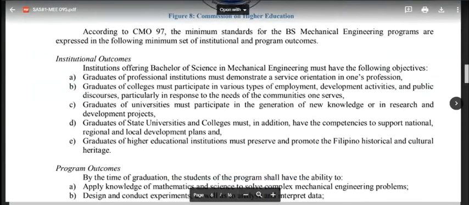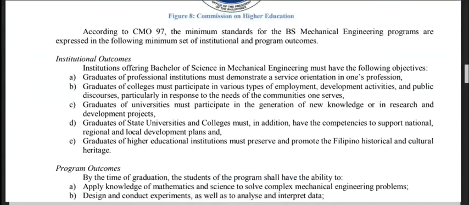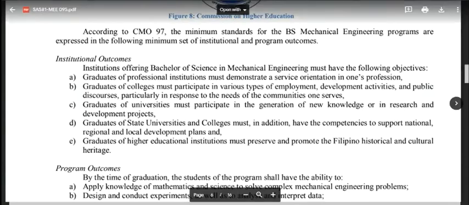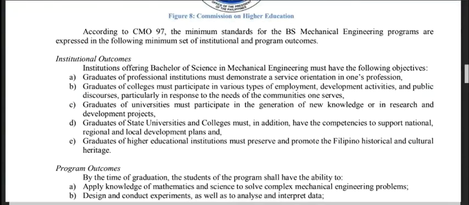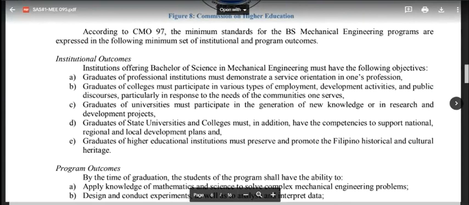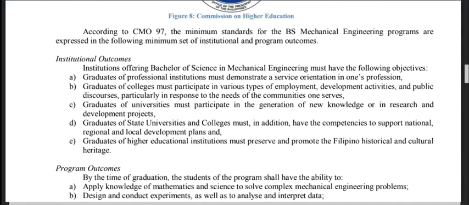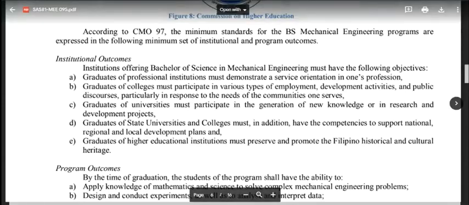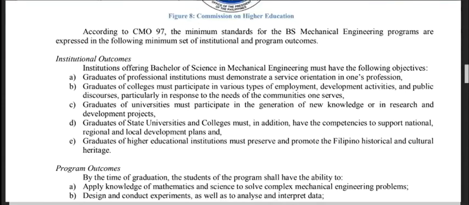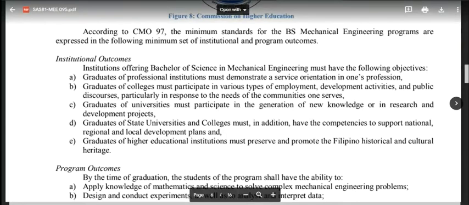Number one, graduates of professional institutions must demonstrate a service orientation in one's profession. Number two, graduates of colleges must participate in various types of employment, development activities, and public discourses, particularly in response to needs of the communities one serves. Number three, graduates of universities must participate in the generation of new knowledge or in research and development projects.